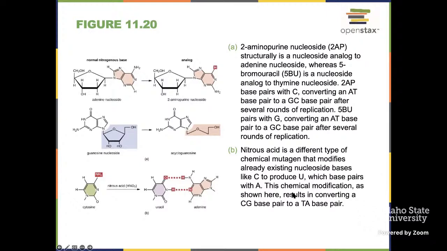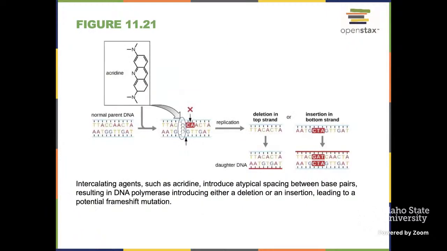That in turn will pair with an adenine instead of a guanine. So this converts GC pairs to TA pairs. So kind of the opposite of what we're seeing here, but in both circumstances, not what you'd want to be having happening.